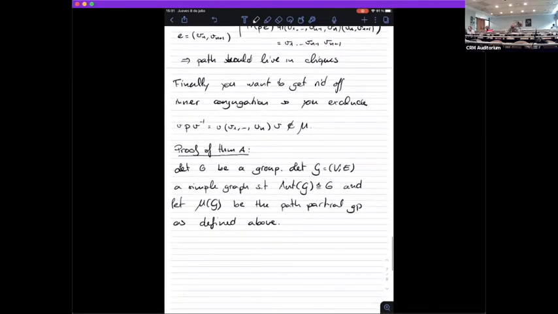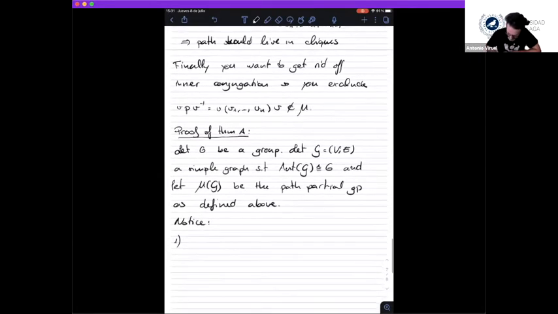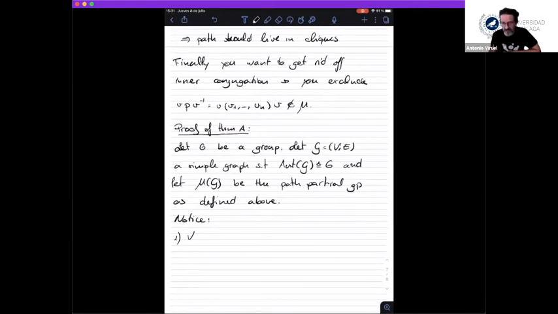Well, so now notice the first thing is that, of course, vertices are just paths of length zero. So these are just inside M of Γ.